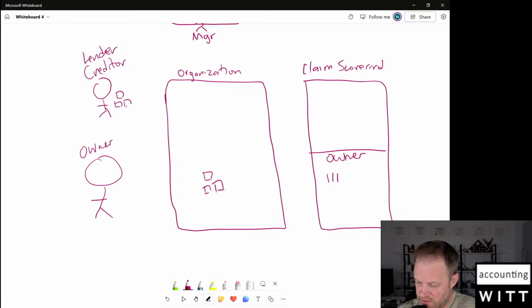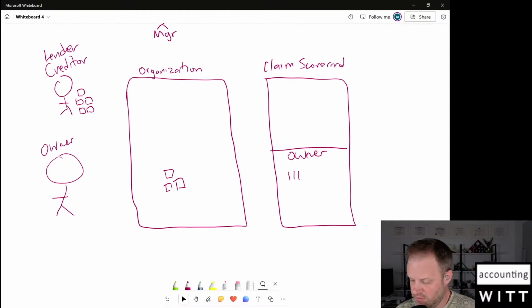they put their assets into an organization and get points on the scoreboard.